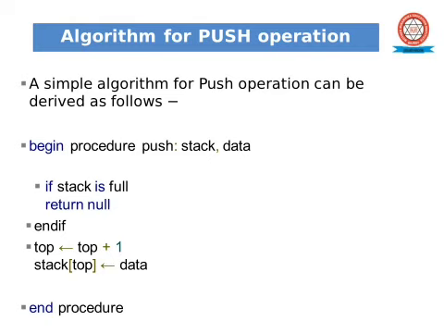And if means the condition is over. If stack is not full, then top = top + 1, meaning increment top to point to the next empty space, and then stack[top] = data, meaning add the data element to the stack location where top is pointing, and end the procedure.